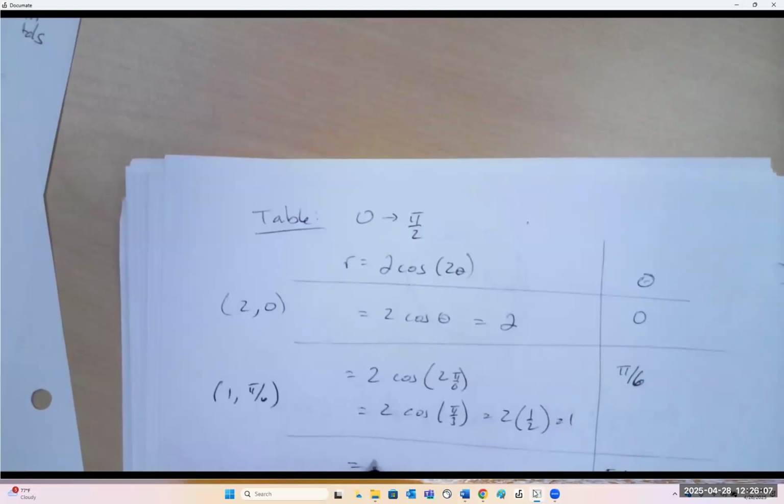Pi over 4: 2 cosine 2 pi over 4 makes it pi over 2, 0.